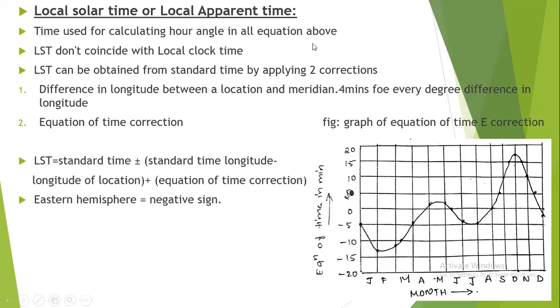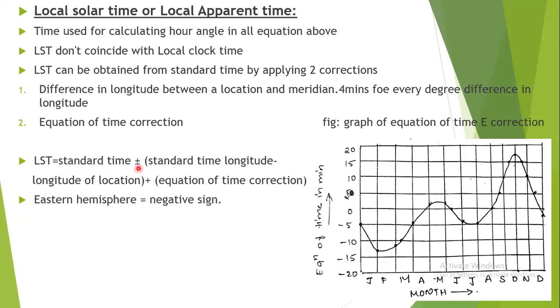After these corrections, we can define the local solar time as LST equals standard time. What we see on the clock is the standard time.